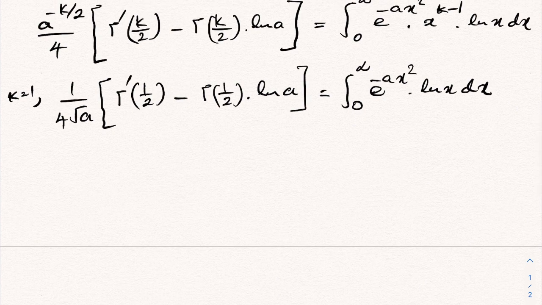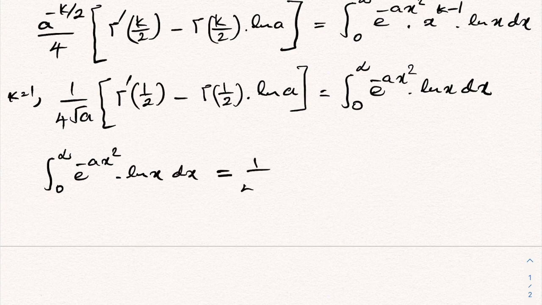Now our integral from 0 to infinity of e^(-a x^2) times natural log of x dx is equal to, we know here, 1 over 4 times the square root of a.